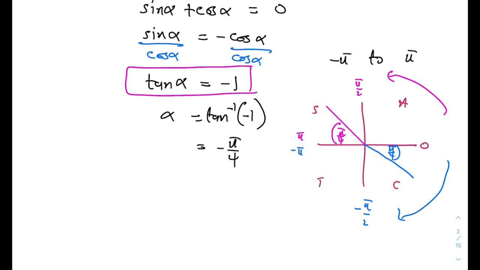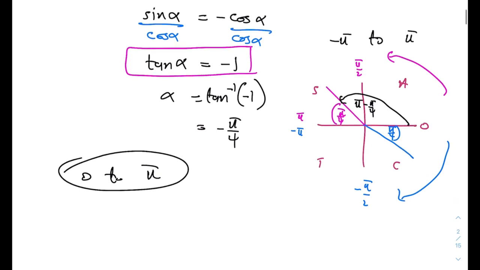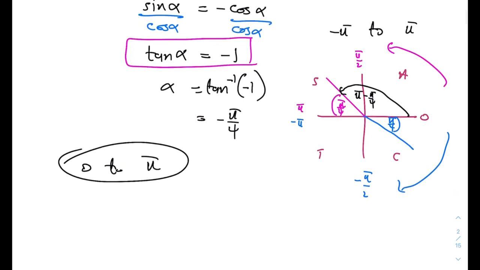Then you start to take the direction. Let's start by first considering the direction from 0 all the way to pi. Now from 0 all the way to pi, we hit this line here, okay, and that is the angle we need. But this is pi on 4, so what do you do? You do pi minus pi on 4. That will give you the angle that you want, all right? So that angle theta will be equal to pi, actually that's 3 pi on 4. We don't need a calculator to do this, okay?